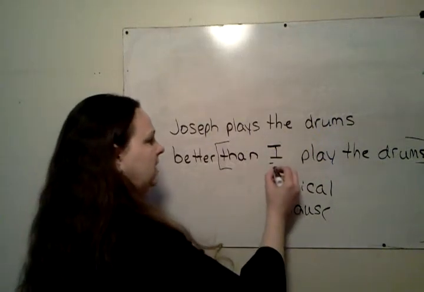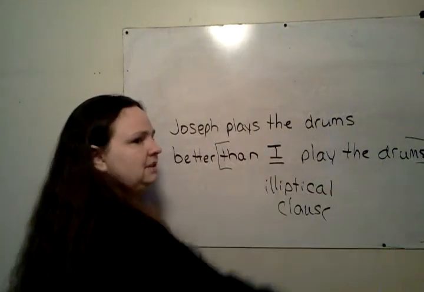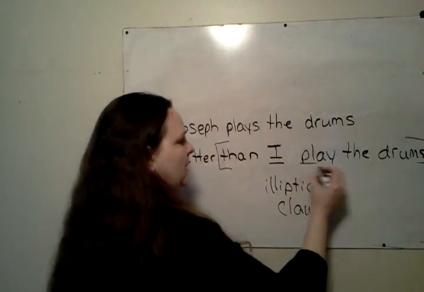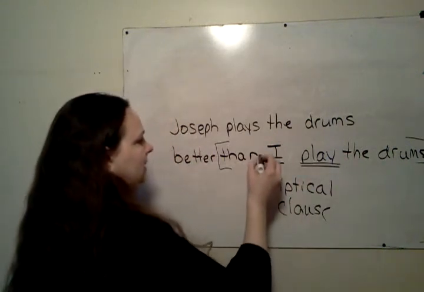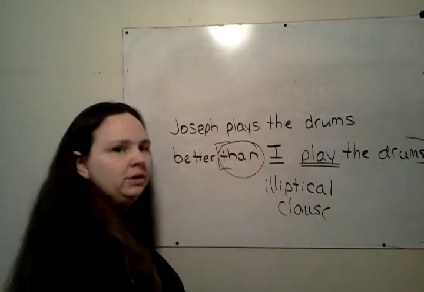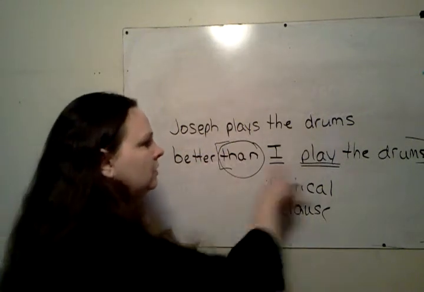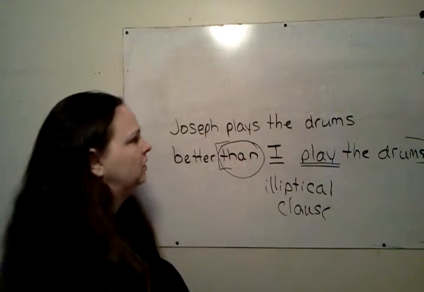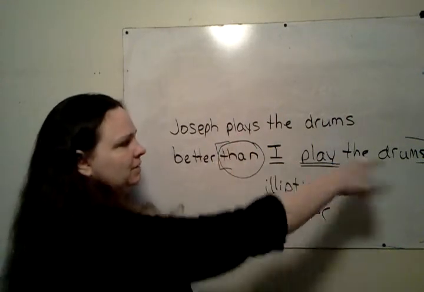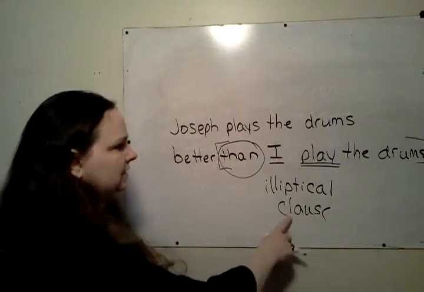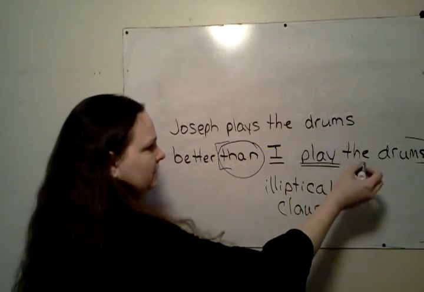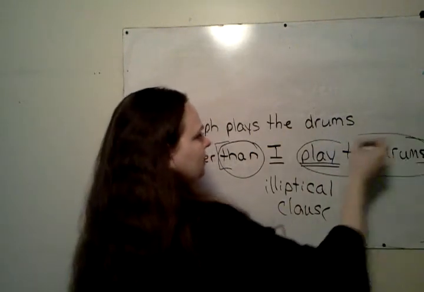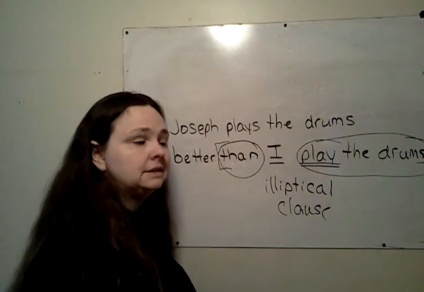It has a subject I, and if we were to continue the thought, it would have a verb, play. And it has the subordinating conjunction. The whole thing is an adverb clause because it answers the question how about the verb plays. So that makes it an adverb clause. And it's elliptical because this much of the clause right here wasn't written in the sentence.